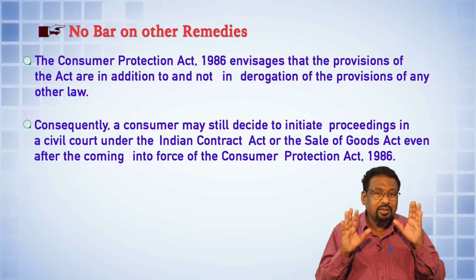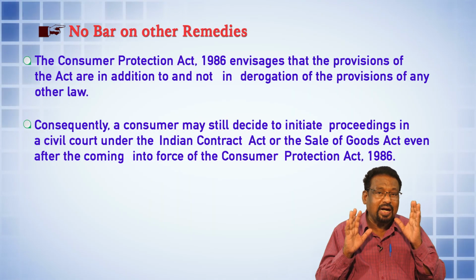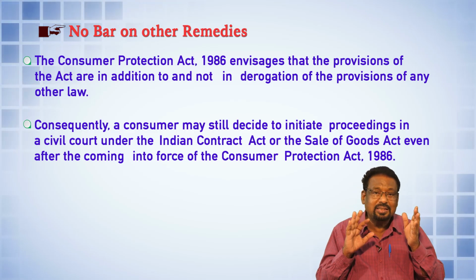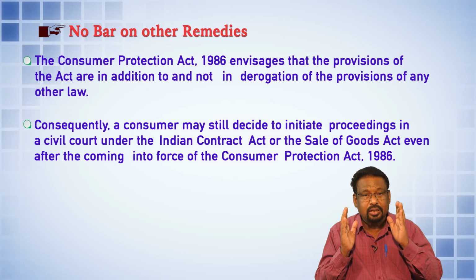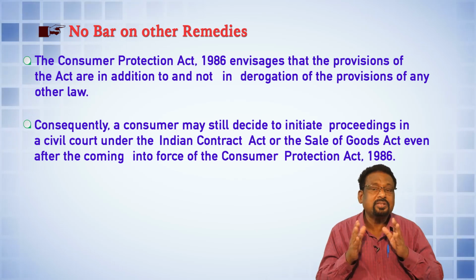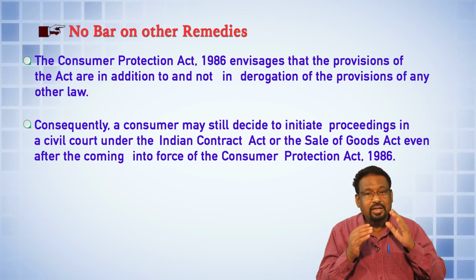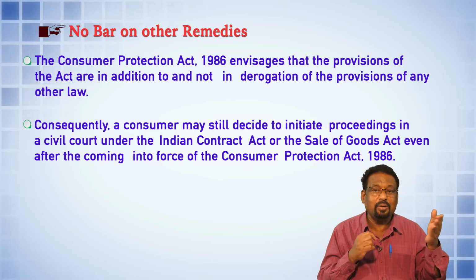Now, another important point is that there is no bar on other remedies. The Consumer Protection Act is an additional facility, additional protection made available to the consumer. So a consumer can have a remedy under the Consumer Protection Law in addition to other facilities available in other laws.